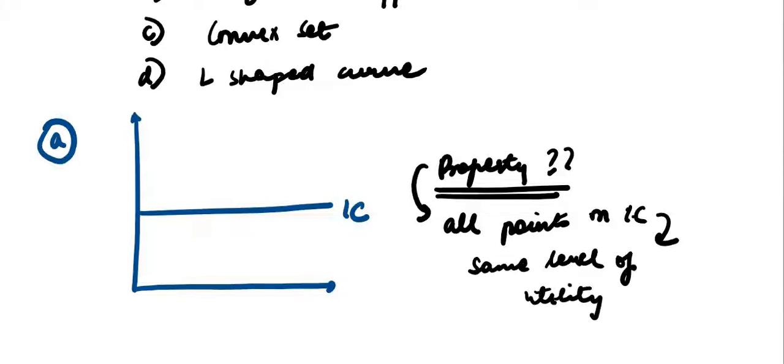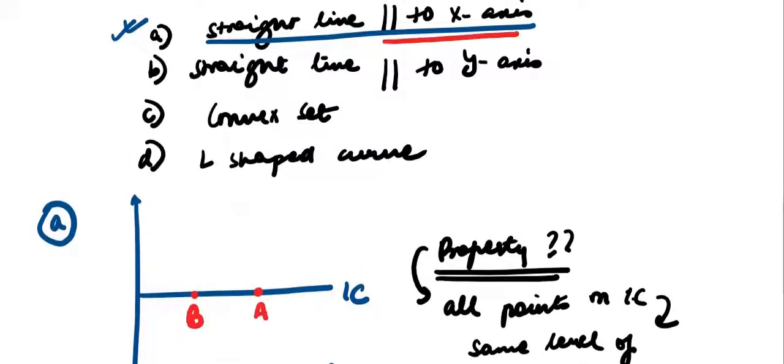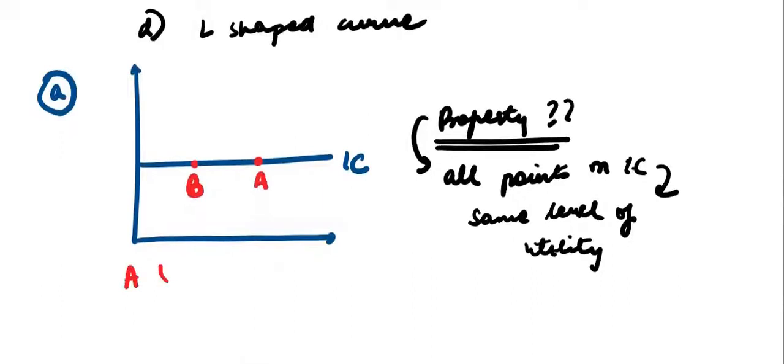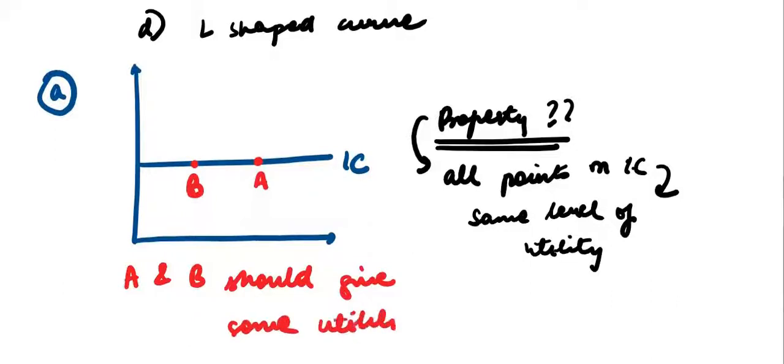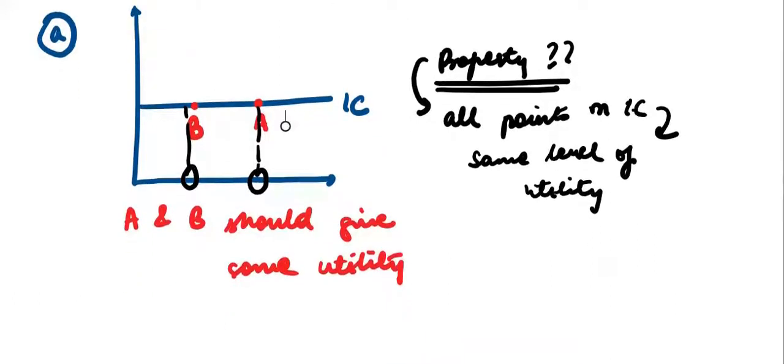So this means that if I take a point like A and a point like B, and my indifference curve is parallel to the x-axis, then A and B should give me the same utility. But just think here. A has more of X than B. If A has more X than B, then how can it give you the same utility?